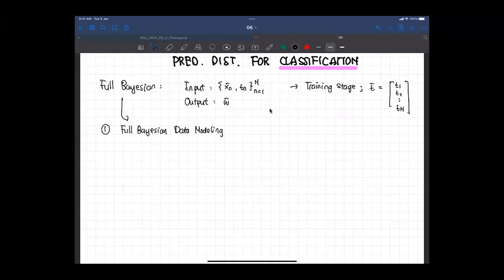And when you say data modeling for full Bayesian, what do I need to write in the beginning? What will be the first mathematical expression that we have to write down? What letter do I have to write?